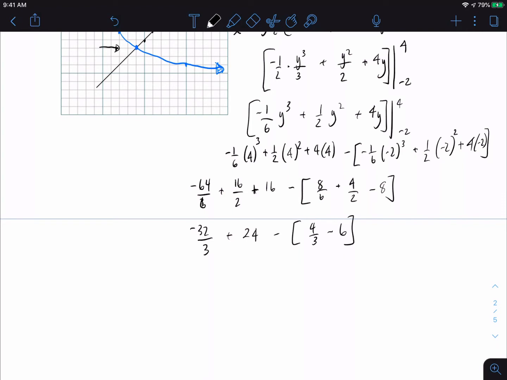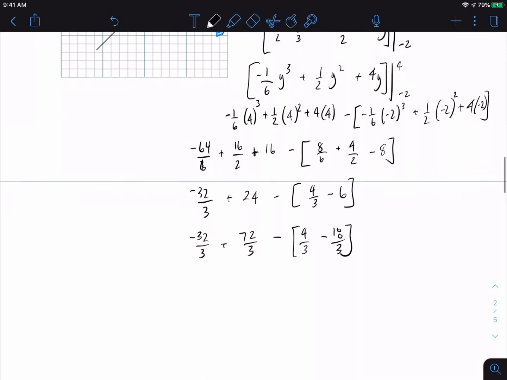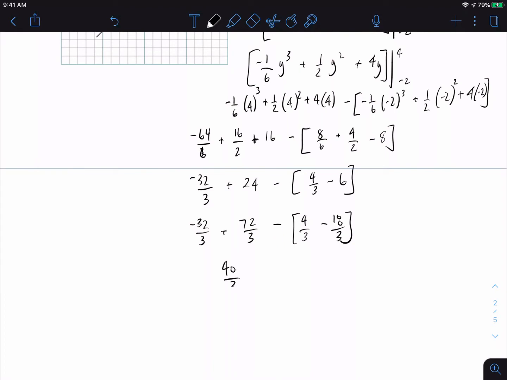And then I'm going to put everything in terms of denominator of 3. Are we okay with that?